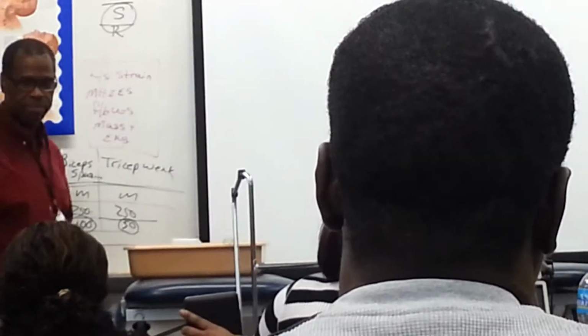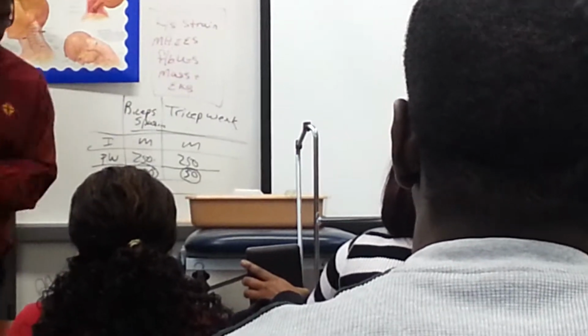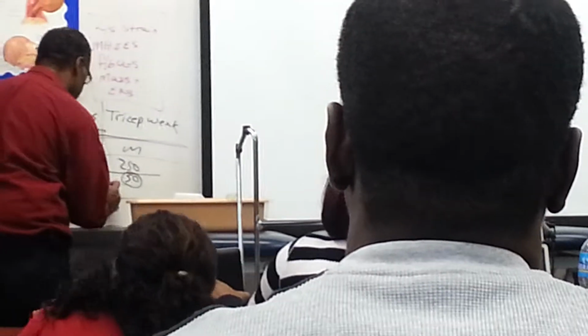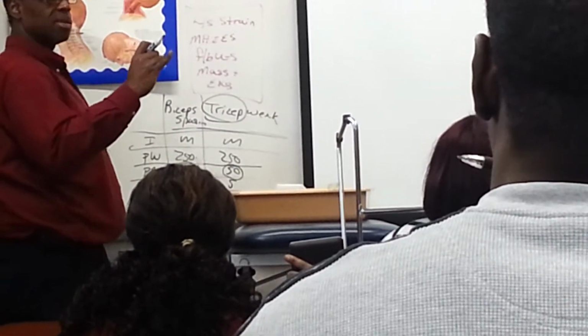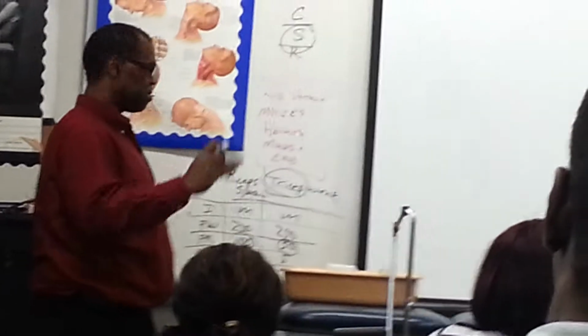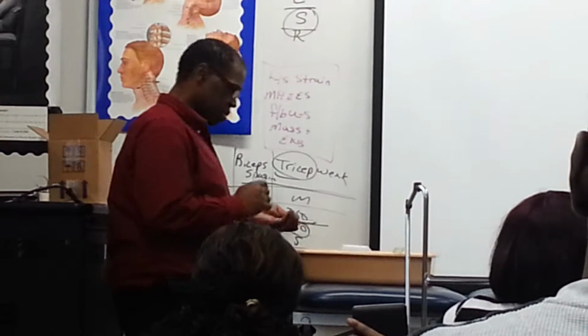No, reciprocal. No, continuous. To beat it up. Tricep weakness mode. Reciprocal. Yes. Or surge. Surge, one motion. So what's the difference in these two? Pulse rate and the mode. That's the difference.